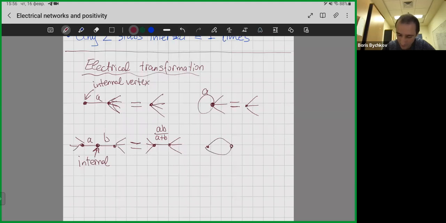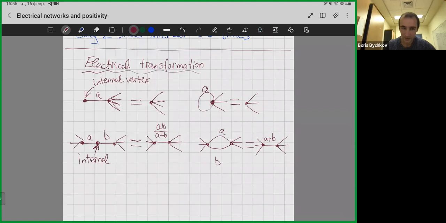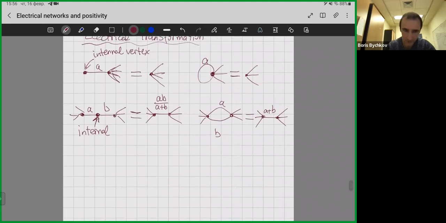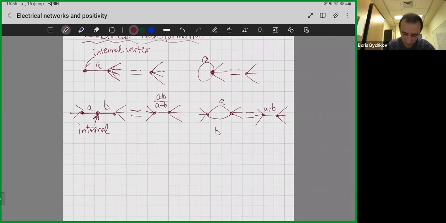And in terms of electrical networks, it corresponds to parallel connection and consecutive connection here and here, and also the so-called Y-delta move or star-triangle transformation. So, the fifth.